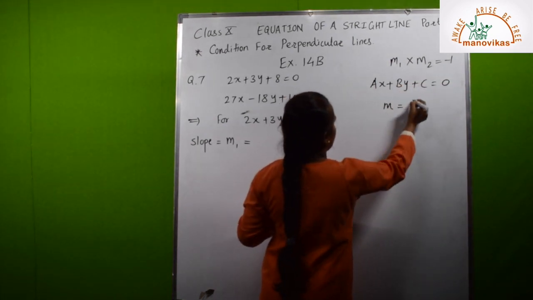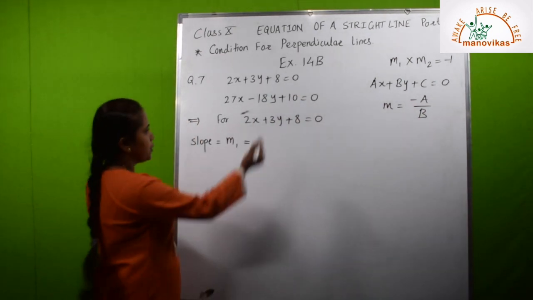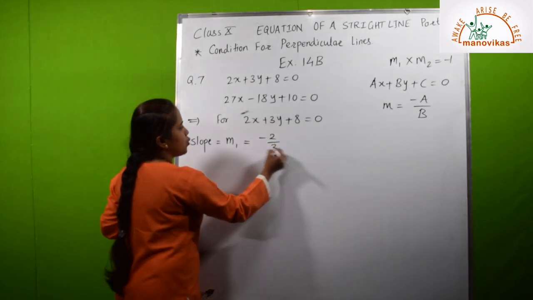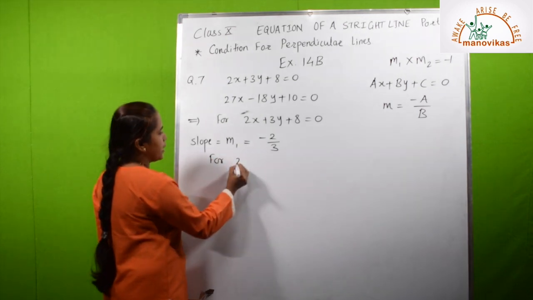The slope value m we can write as -a/b. So using that formula, here the slope for this line will be -2/3.